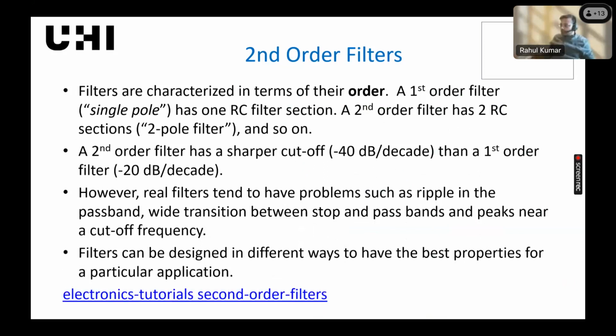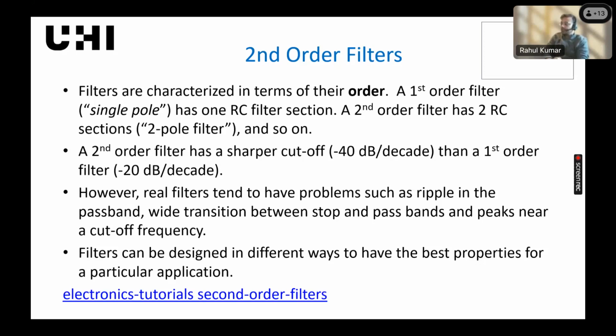Right. So we have looked at passive filter using RC and RLC circuit. Then we have looked at the first order active filter using op-amp. Now, our ideal filter should have a very sharp cutoff.